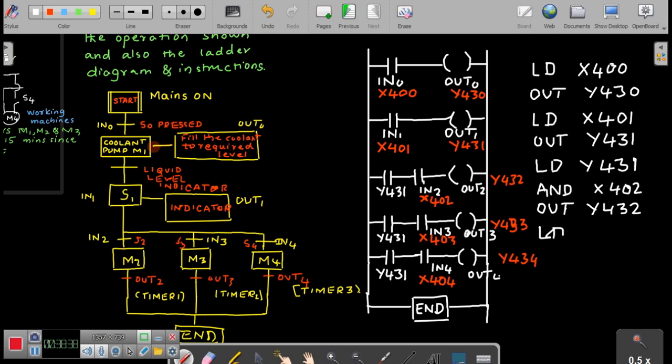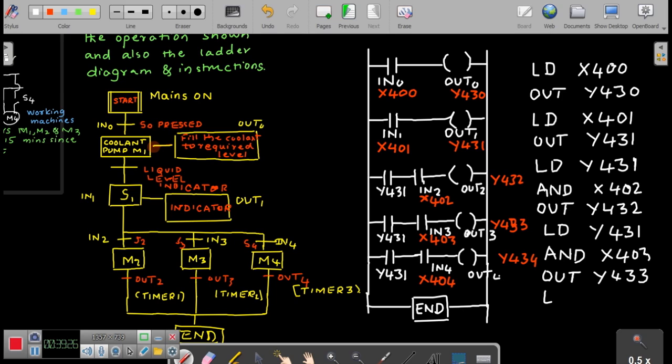LD Y431, because this Y431 comes three times repeatedly, and X403 now would lead us to the output Y433.